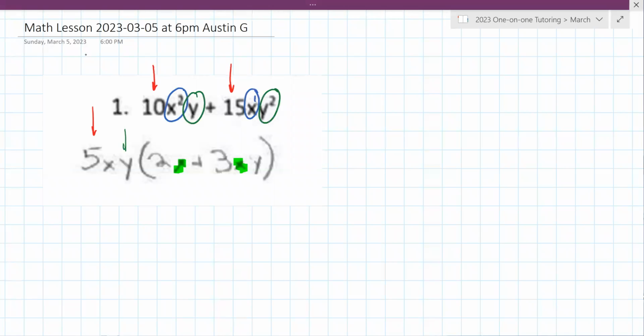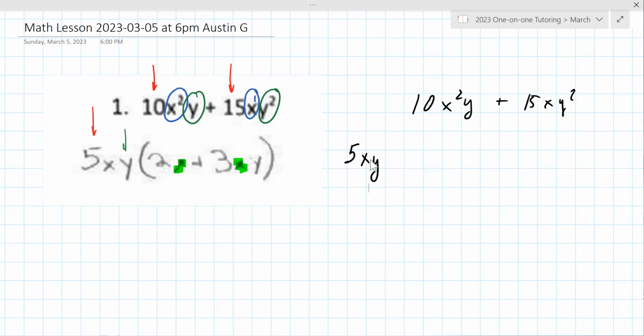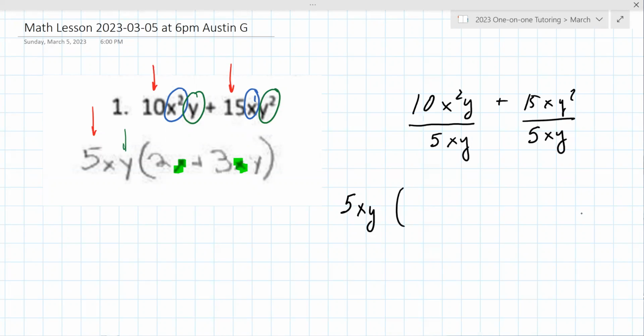Now I'm just going to slightly rewrite this: 10x squared y plus 15xy squared. The way I show this to students is exactly what you have here: you put that thing on the outside, with an added little piece, where I show division by each one. And that sometimes helps to clear up any potential problems. The first one is 2x, that's for sure.